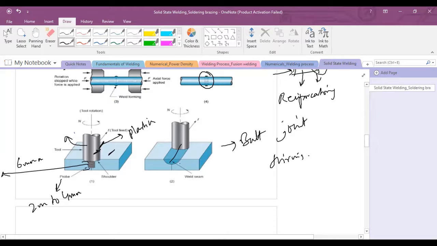There is one advantage of friction stir welding: no shielding gas will be used, no filler material will be used, and also toxic fume will not be produced during the welding.